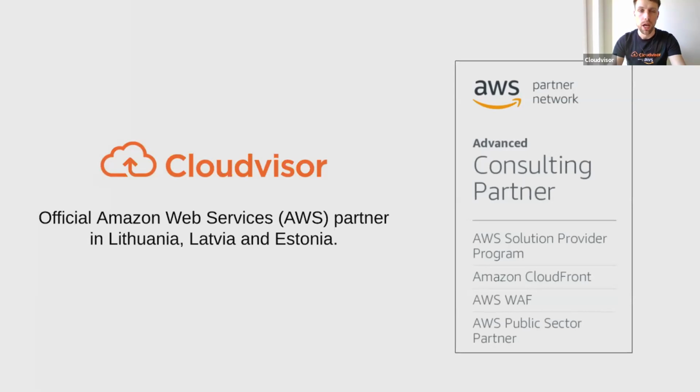Our main business line is AWS resell that is being used by a number of companies in the Baltics. So if your company is currently using AWS, I strongly suggest you check out the benefit packages that we offer as a bonus for your AWS spend.